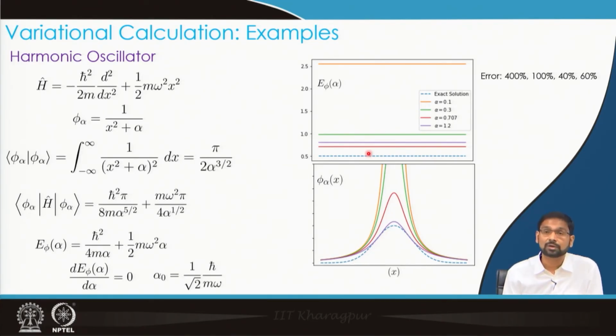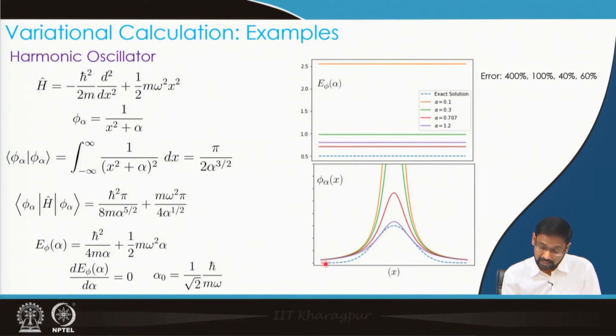Now let us look at the corresponding wave function. For alpha equals 0.1 or 0.3, since the value of alpha is very small, the function would actually show a peak somewhere up there, so I am not showing that. When you look at alpha equals 0.707, qualitatively it resembles the eigenfunction of a harmonic oscillator.